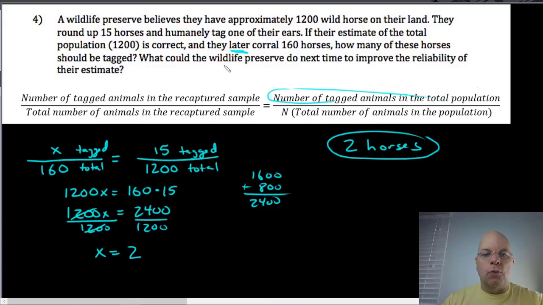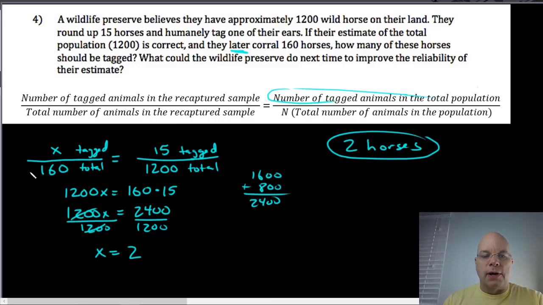The second question, what could the wildlife preserve do next time to improve the reliability of their estimate? That question implies that there's something wrong with the reliability of their estimate using their current method. If you think about their current method, they think they have 1,200 horses. They tagged 15 and sent them back out into the population.